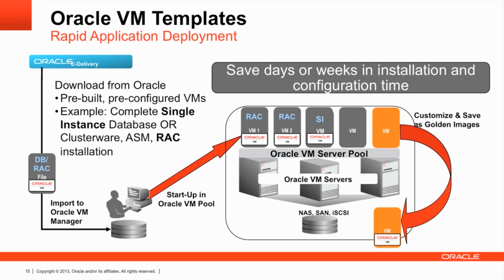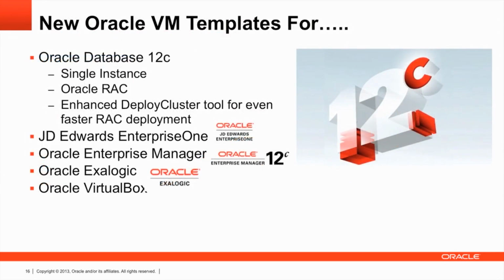As we mentioned earlier, there are over 100 templates that are available. Some examples of them are Oracle Database 12c, the single instance, as well as Oracle RAC. Also, we talked about templates for Oracle Exalogic, Oracle VirtualBox for testing, for Enterprise Manager. And all these key infrastructure application components are pre-configured along with Oracle Linux that allows you to really quickly deploy these instances onto your infrastructure.